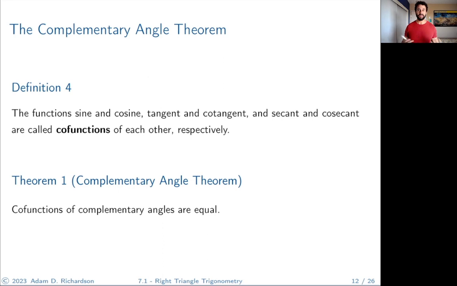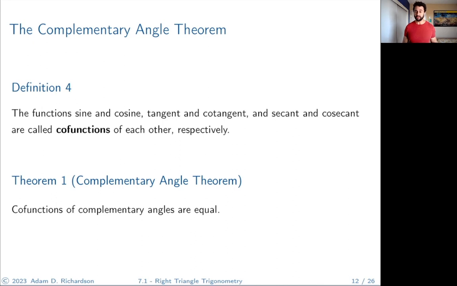These functions are what we call co-functions of each other. That's one of the reasons the word co appears, like cosine, cotangent, and cosecant. So the functions sine and cosine, tangent and cotangent, and secant and cosecant are called co-functions of each other, respectively.